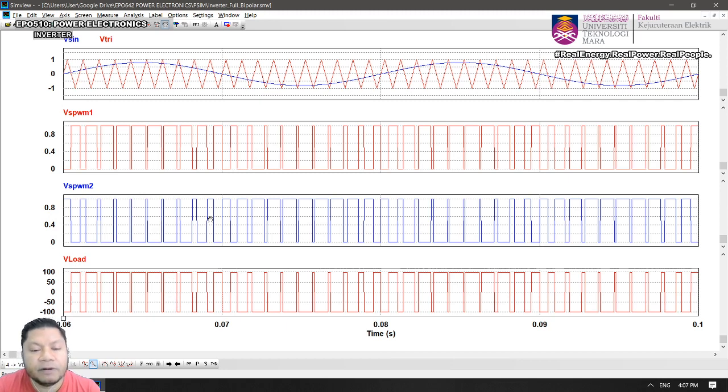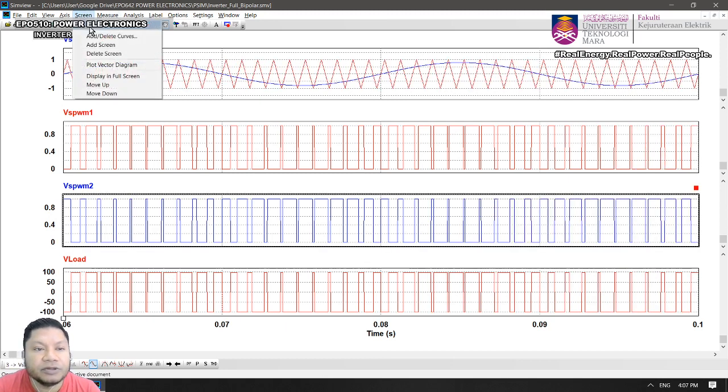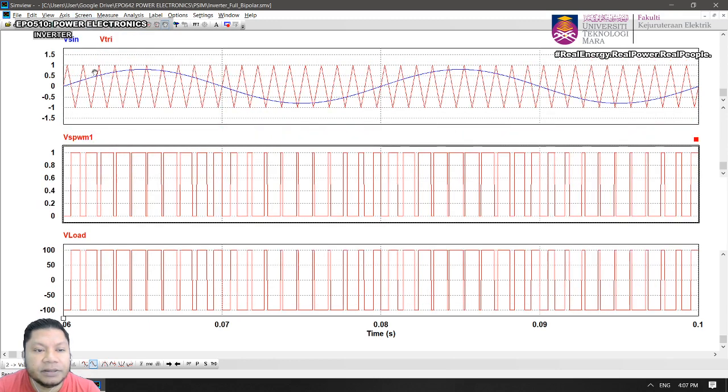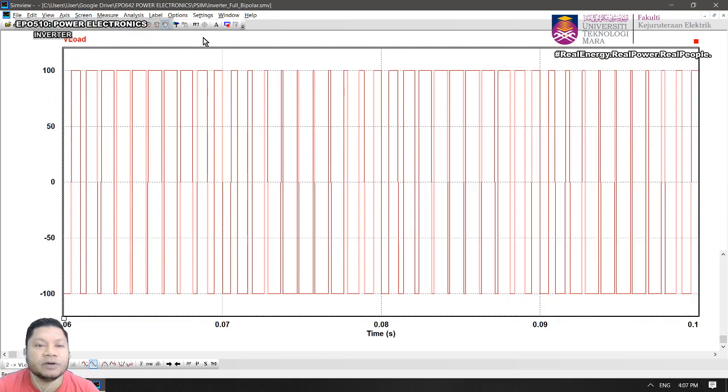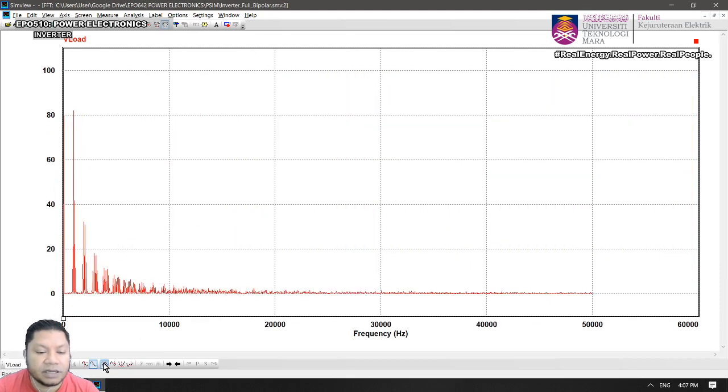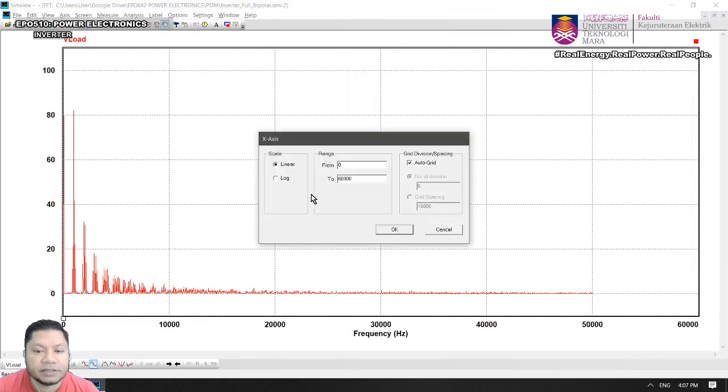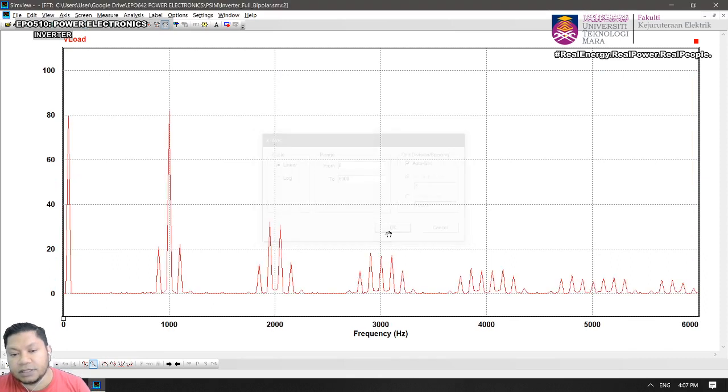Again, to get the fast Fourier transform analysis, I'm going to remove this, delete the screen, and then do the fast Fourier analysis and change the x axis, and that's what I'm going to obtain.